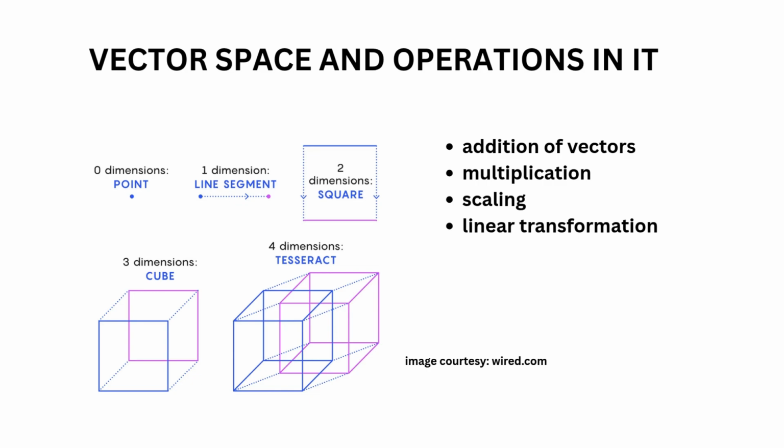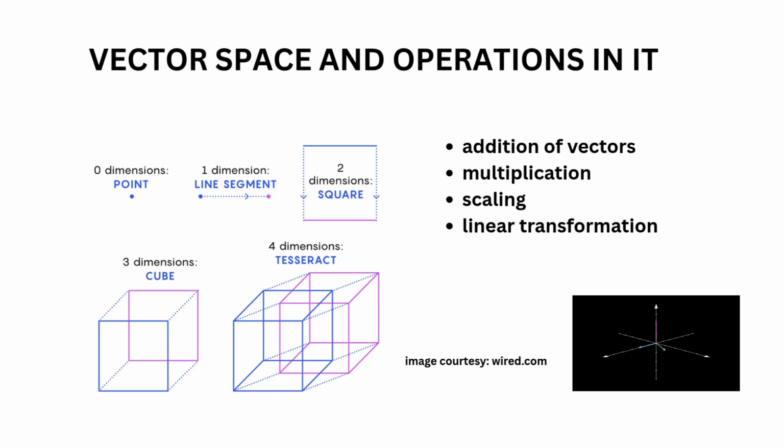You can imagine it as a bigger playground in the universe where all the data and vectors reside, where vectors can move, scale, and transform. All these operations are done in the vector space.